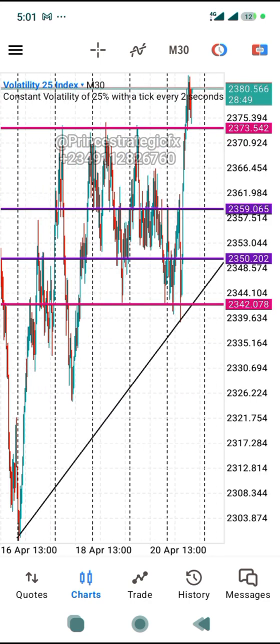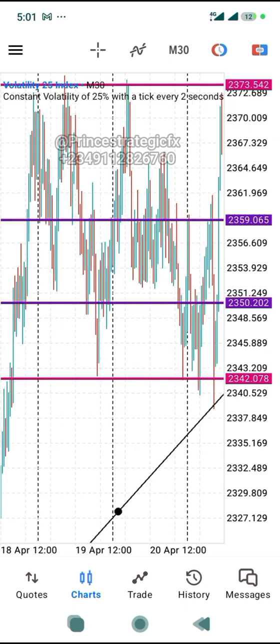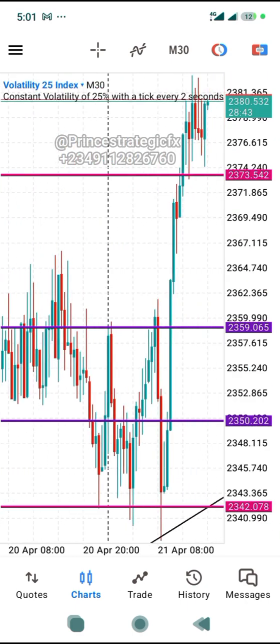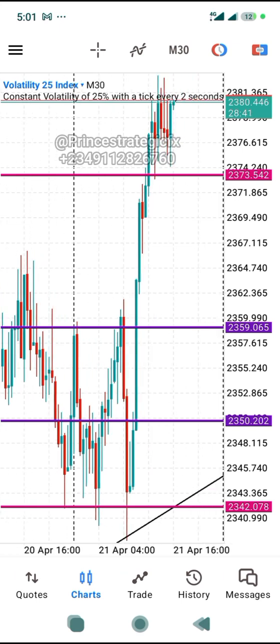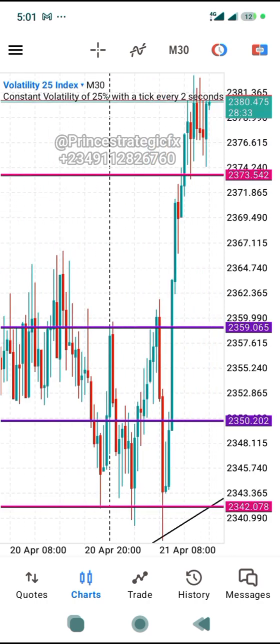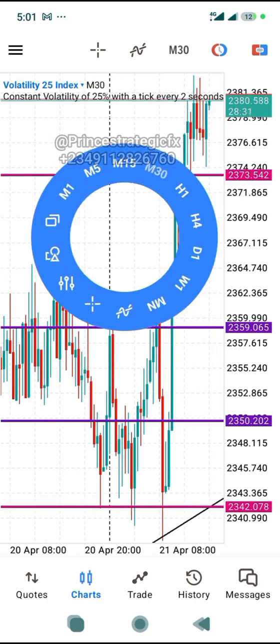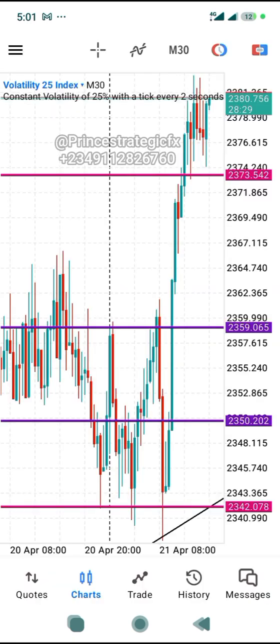Now what else can you see? Right? Now let's zoom out. What else can you see? For me, I can see a double bottom, right at this point right here.